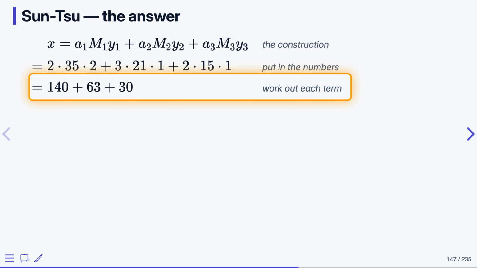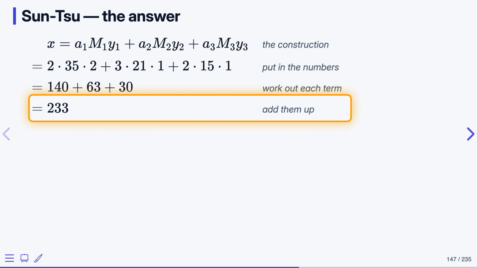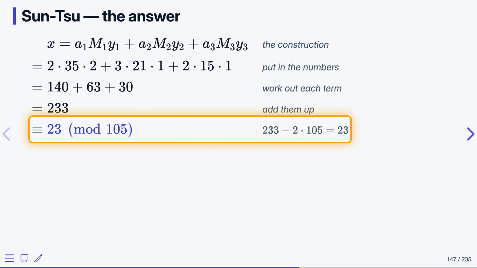Step 2. Work out each term. 140 plus 63 plus 30. Step 3. Add them. 233. Step 4. Finally reduce mod 105. 233 minus 2 times 105 is 23, so x is congruent to 23.